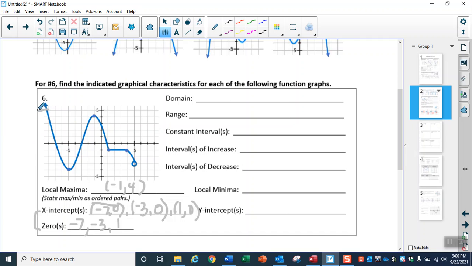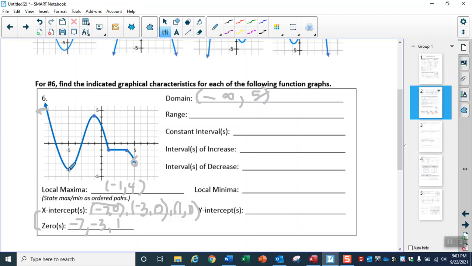So it goes all the way to the left, so that would be negative infinity. And going to the right, here's where it stops, right? And it's an open circle at 5. So that's parentheses.